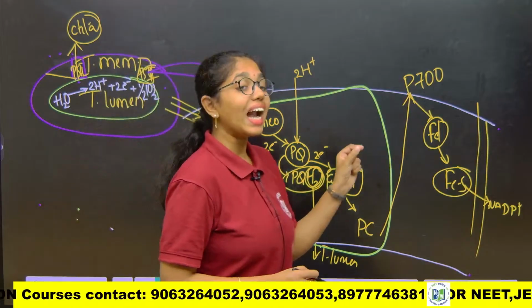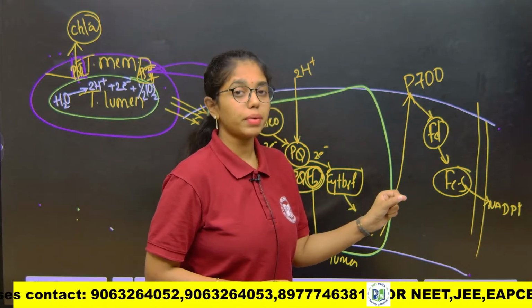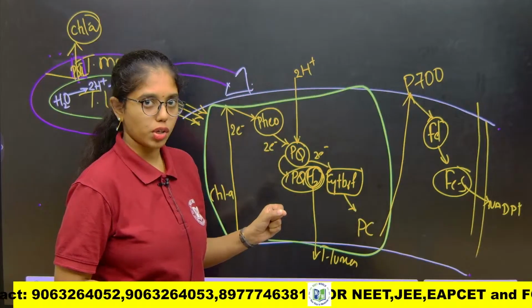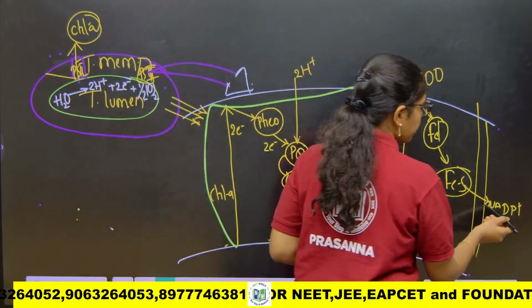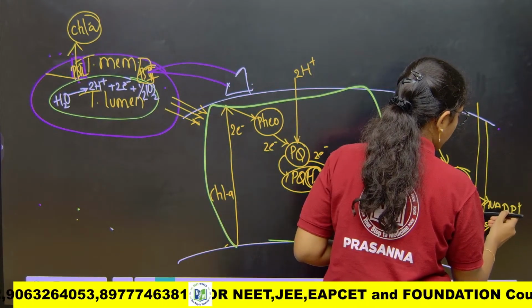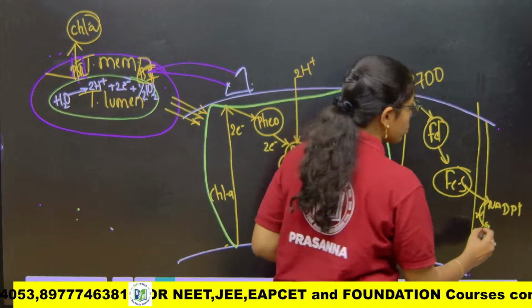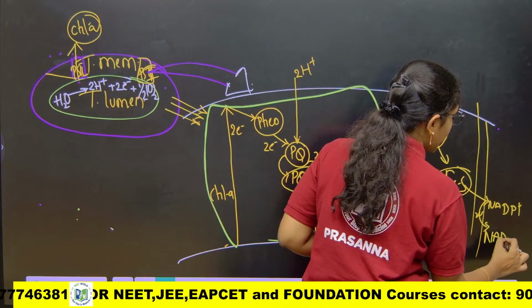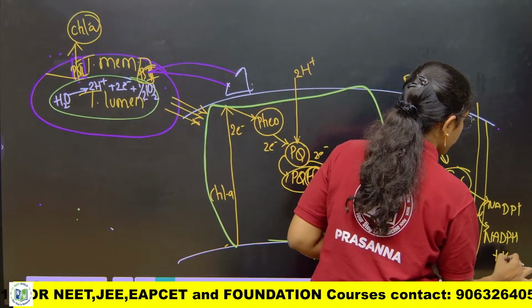This is the ultimate electron acceptor of non-cyclic photophosphorylation. NADP plus accepts 2 electrons and gets reduced to NADPH plus H plus.